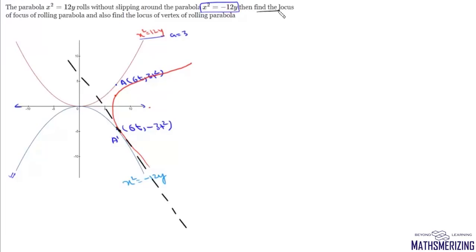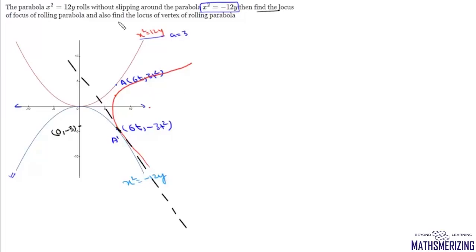Now the first question, find the locus of the focus of the rolling parabola. The focus of the rolling parabola will be the mirror image of the focus of this fixed parabola, and the focus of this fixed parabola is (0, minus 3). In one of the previous videos, we have already established this property that the image of the focus about any tangent to a parabola will lie on the directrix. So the image of the focus about any general tangent will always lie on the directrix of the parabola.